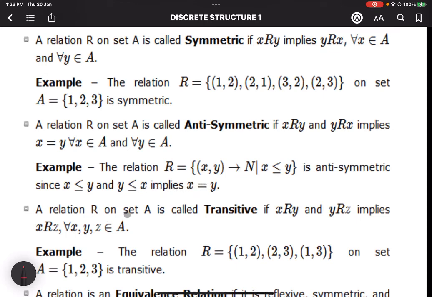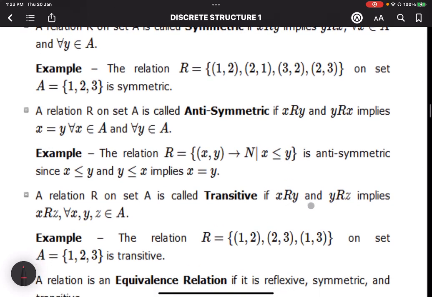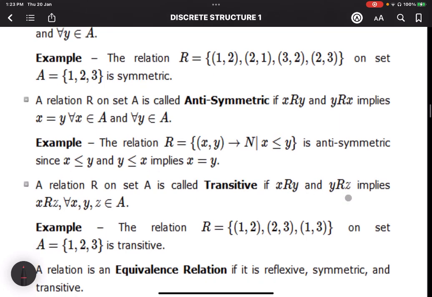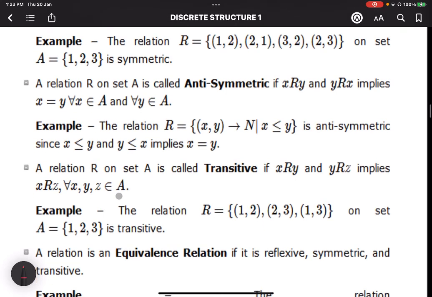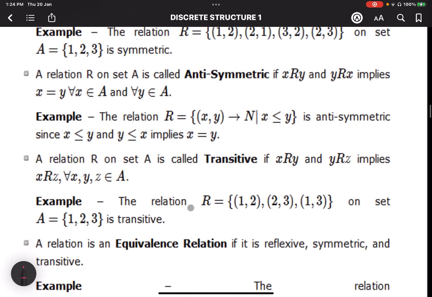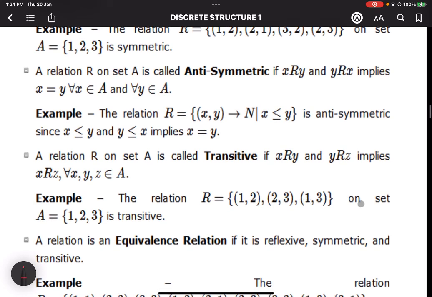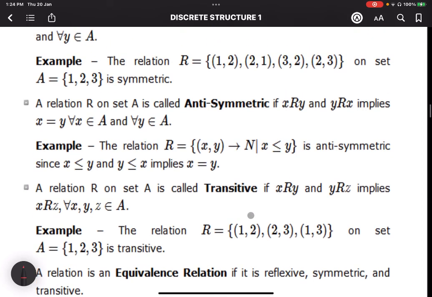A relation R in the set A is called transitive if X R Y and Y R Z implies X R Z, where X, Y, Z are elements of A. Example, the relation R is equal to {(1, 2), (2, 3), (1, 3)} on set A equals {1, 2, 3} is transitive. Okay?